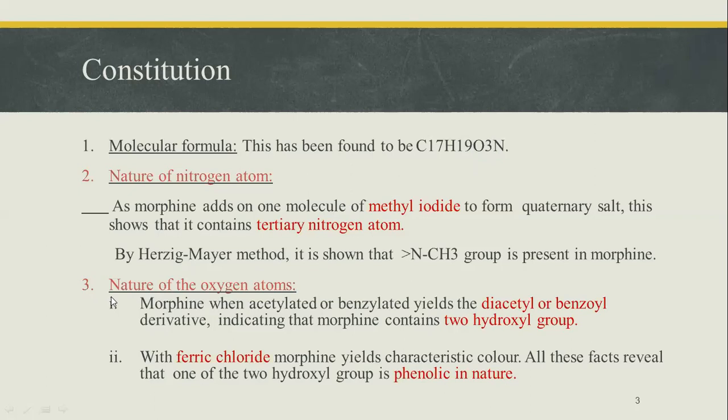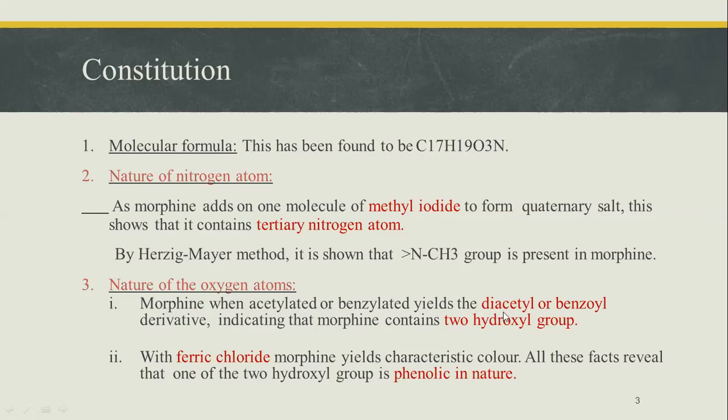As we have discussed in the general methods, first we will test for the hydroxy group. Similarly, here also morphine on acetylation, that is, either we can treat it with acetic anhydride or acetyl chloride, or we can treat it with benzoyl chloride. On acetylation or benzoylation, it gives a diacetyl or dibenzoyl derivative.